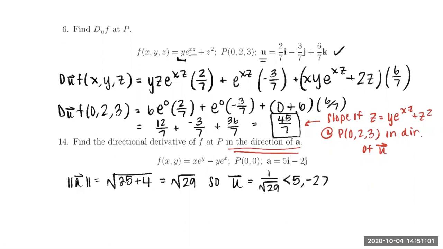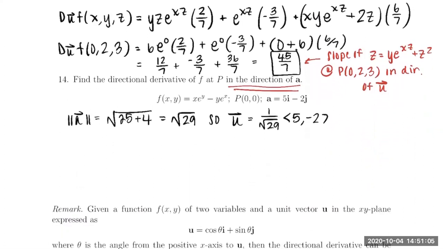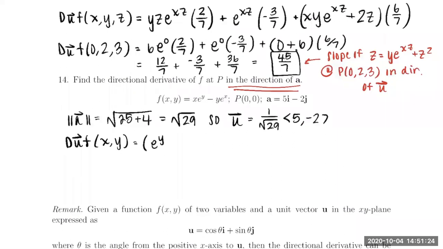All right, so now that I've normalized this vector, I can proceed by finding the directional derivative exactly as I did in 6. Let's start by finding it in generality, and then we will evaluate at our particular point. Oh, and this is just a function of 2 variables, so I can leave off z. First let's find the partial of f with respect to x. That is e to the y minus ye to the x.